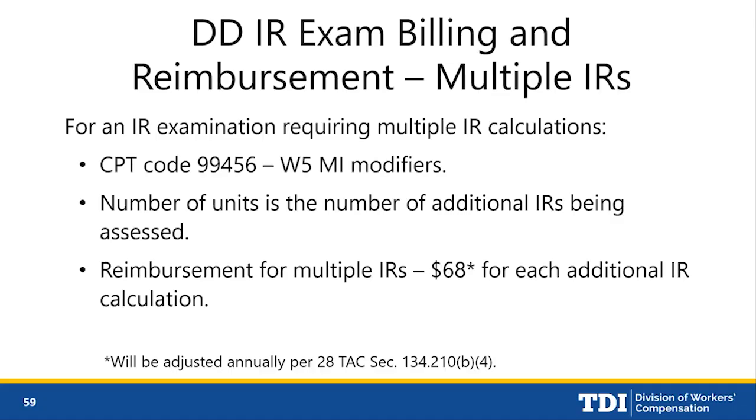For the number of units of this charge, it's going to be the number of additional impairment ratings, and the reimbursement for each additional impairment rating calculation is going to be $68. And again, even that fee is subject to increase based on the MEI every year.